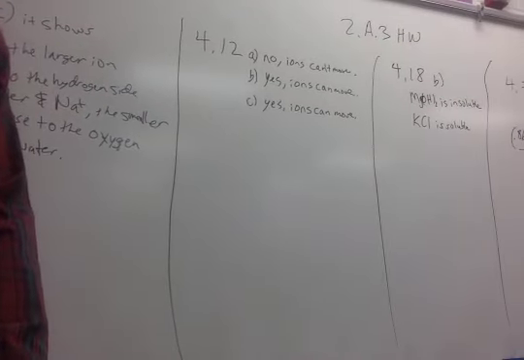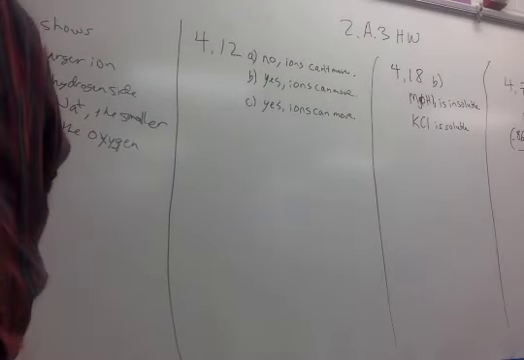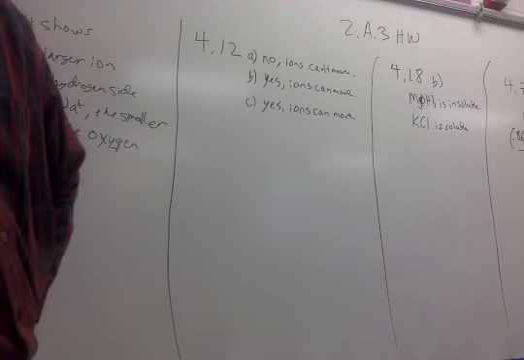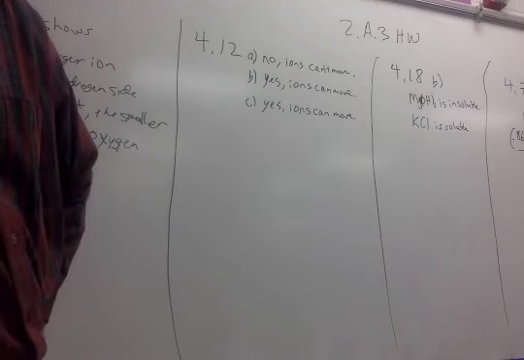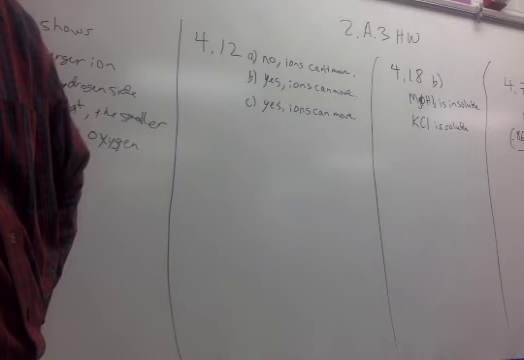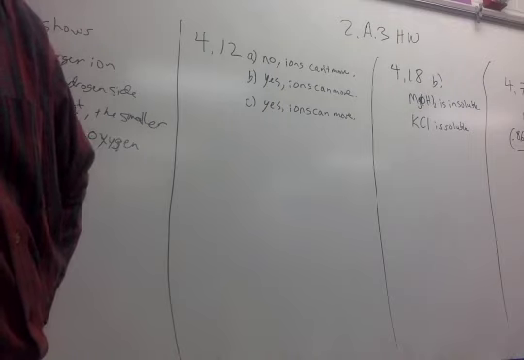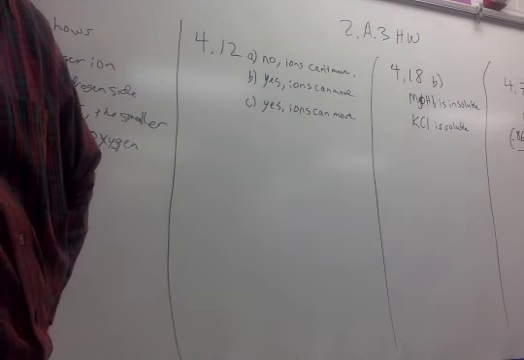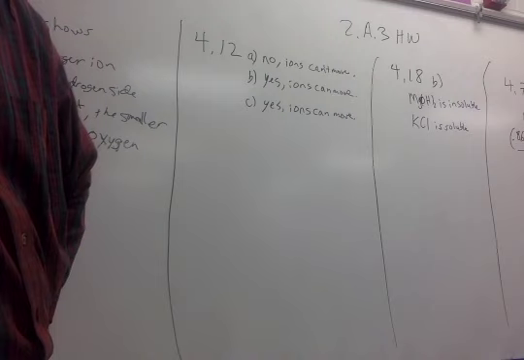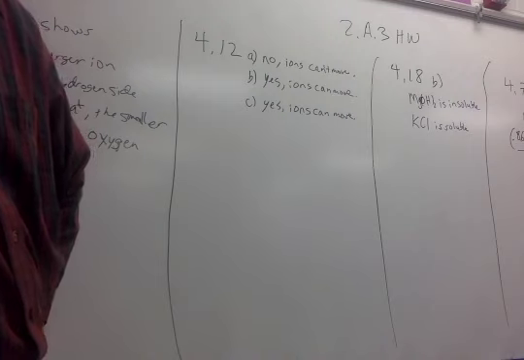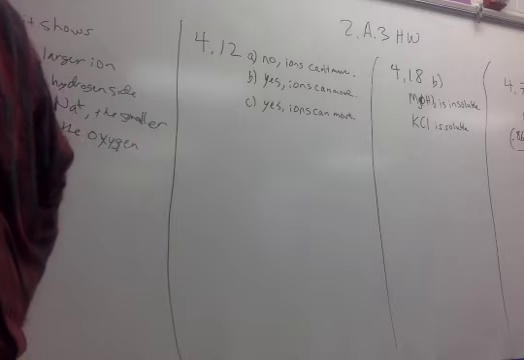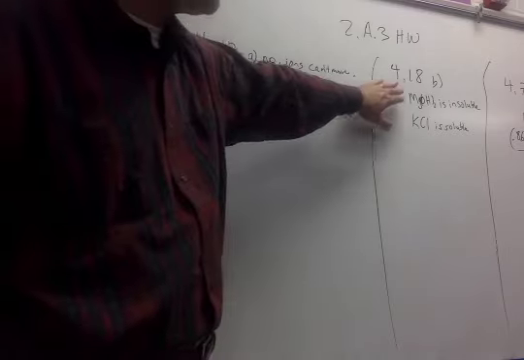4.18 is asking about pictures again. They had 4 pictures, A, B, C, and D, and they wanted to know which one would be appropriate for showing magnesium chloride mixed with potassium hydroxide. And even though magnesium chloride and potassium hydroxide are both soluble, when mixed, the ions of magnesium and hydroxide will form an insoluble combination.